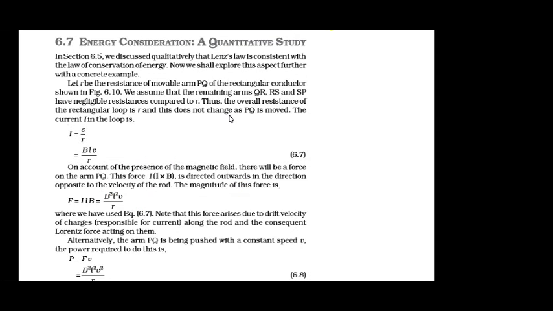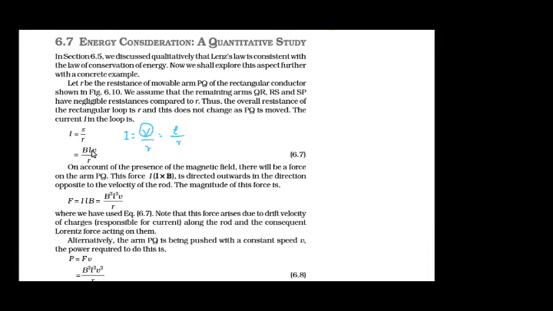So we can write I equals E by R. Why? Because I equals V by R, where V is the potential difference, and if there is an EMF, then we can write E by R.